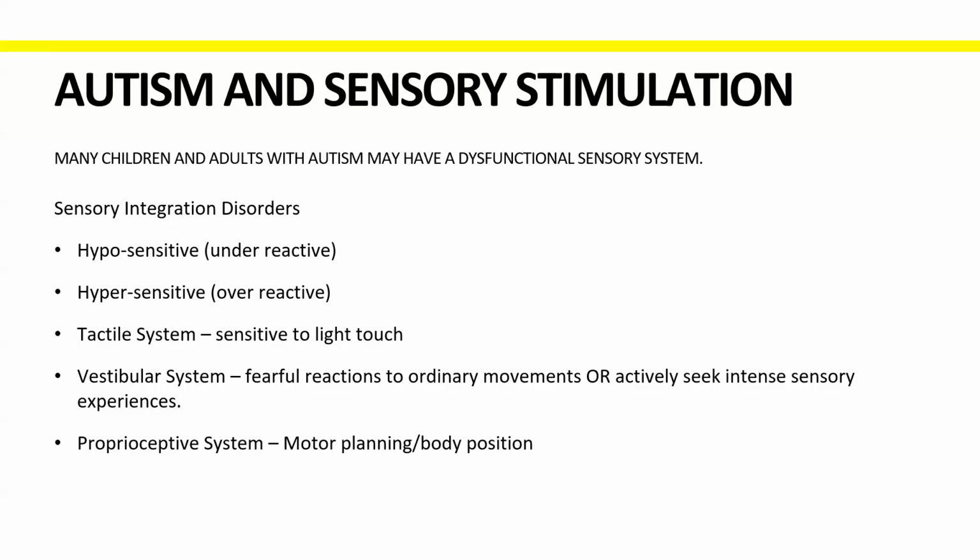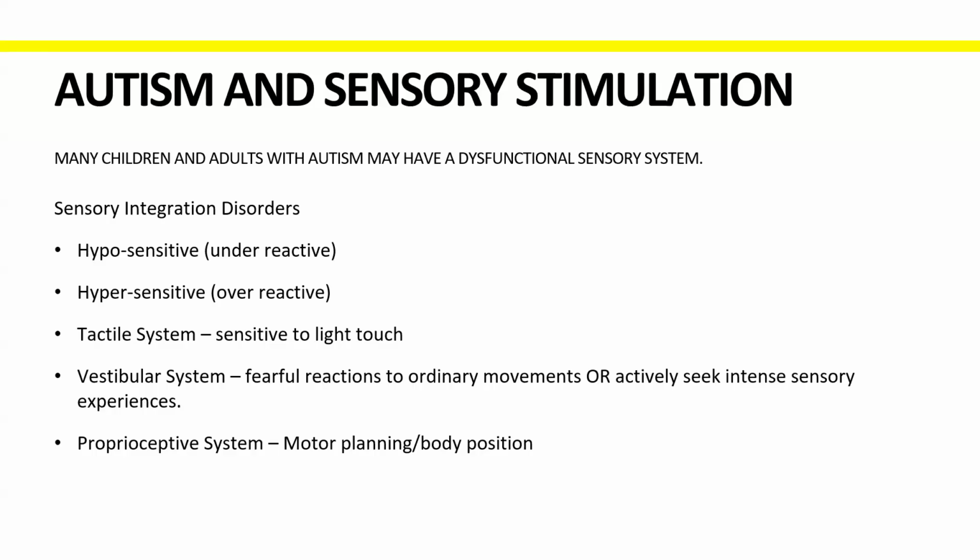The tactile system includes nerves under the skin's surface that sends information to the brain. This information includes light touch, pain, temperature, and pressure. Dysfunction in the tactile system can manifest as withdrawals from being touched, refusing to eat certain textured foods, refusing to wear certain types of clothing.